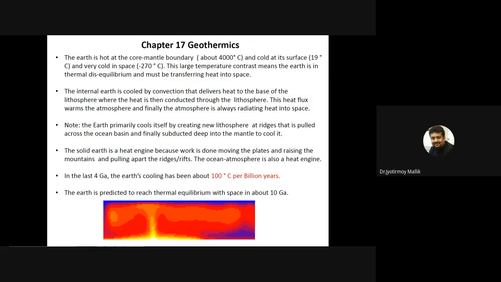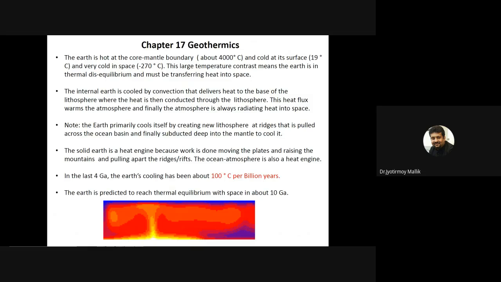The ocean and atmosphere are similarly heat engines. In the last 4 billion years, the Earth's cooling has been around 100 degrees centigrade per billion years. So the Earth is predicted to reach thermal equilibrium with space in the next 10 billion years.